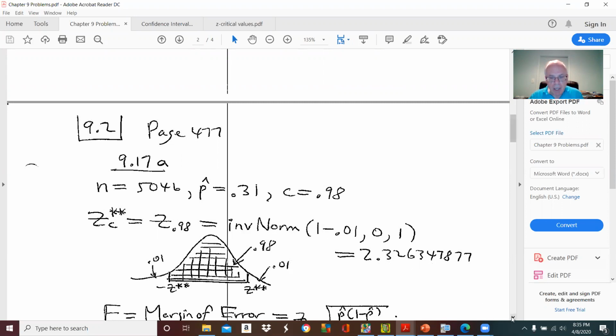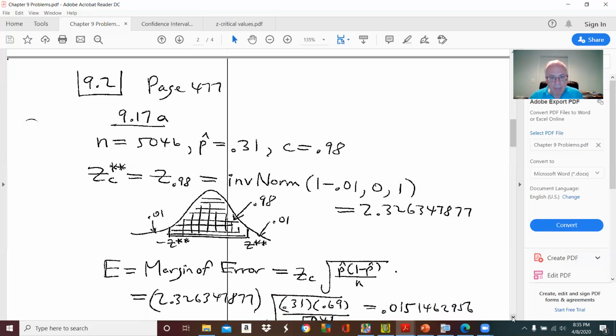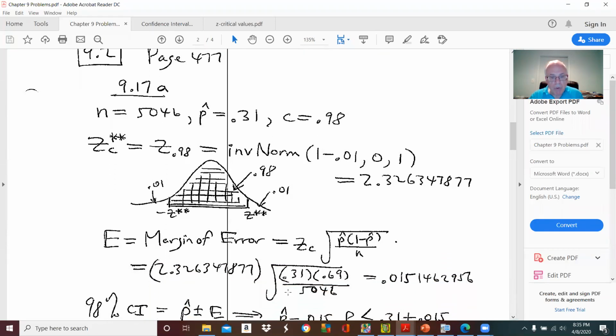Now, we can leave that in our calculator and multiply that by the square root of 0.31, which is our point estimate for the proportion, times 1 minus 0.31, which is 0.69, divided by 5,046, all of this underneath that square root. Our margin of error becomes 0.015.